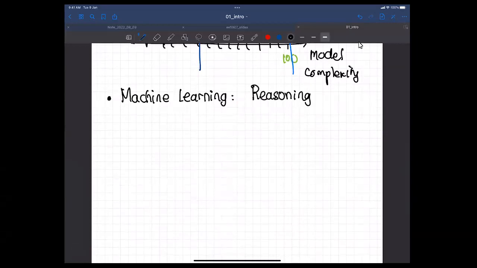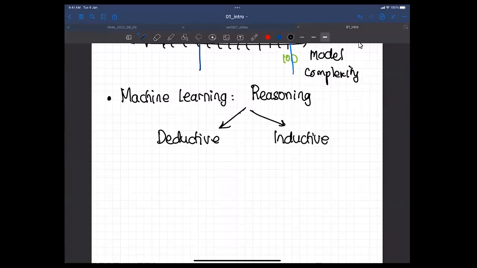When we talk about reasoning, at least we have two types of reasoning or logic. What are the two types of inference? When we do inference, there are two types: one is called deductive, and the other is called inductive.